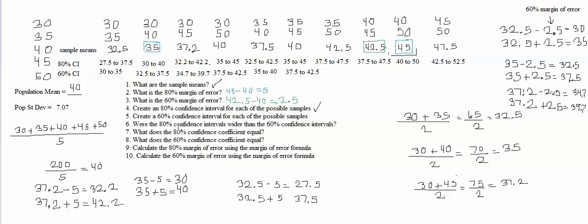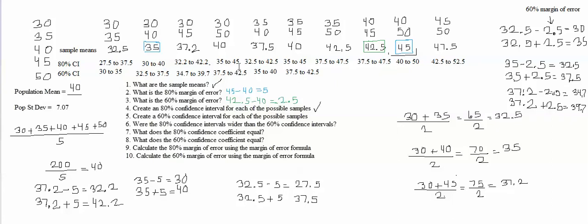Were the 80% confidence intervals wider than the 60% confidence intervals? Well, the 80% confidence intervals are in the top row, and each one covers a span of 10 numbers, because 30 to 40 is 10 numbers. 35 to 45 is 10 numbers.